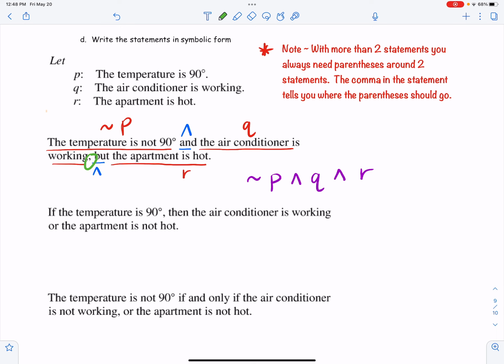In this case, it's before the but, right here, after Q. Wherever that comma occurs, I know I've got to have parentheses there. And the way you know which direction those parentheses should go is you've got to have more than one item in parentheses. So it wouldn't make sense to put parentheses around the but R, because that's just one thing. The parentheses are always going to go around 2 statements.